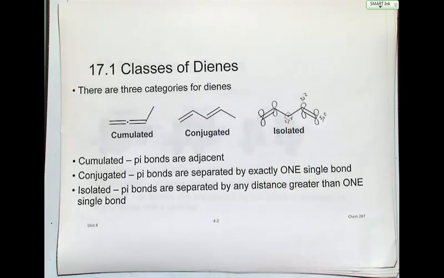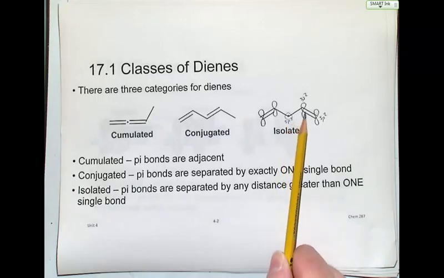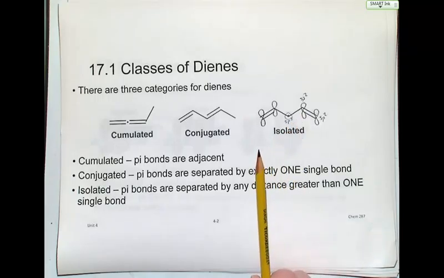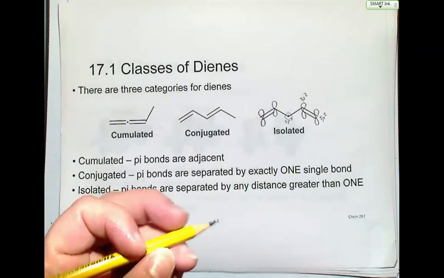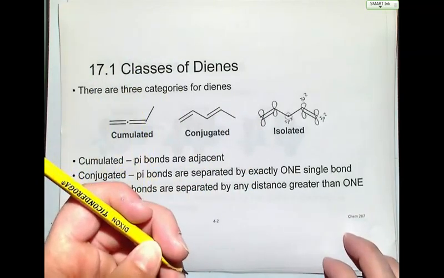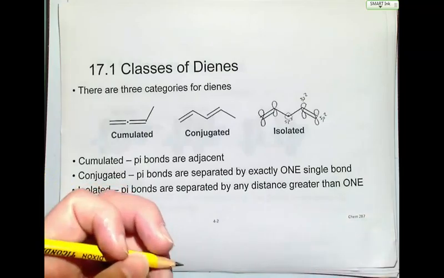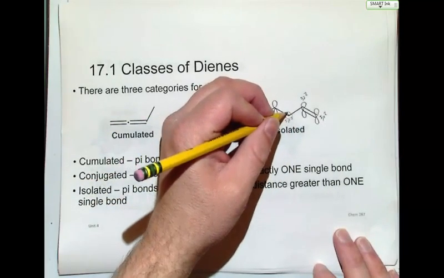Why is that? There's no empty p orbital. Well, there are sp3 orbitals though. Why can't the sp3 orbital have resonance with the unhybridized p orbital? Not in the same plane, like they're not in plane. Exactly, they're not in the same plane.